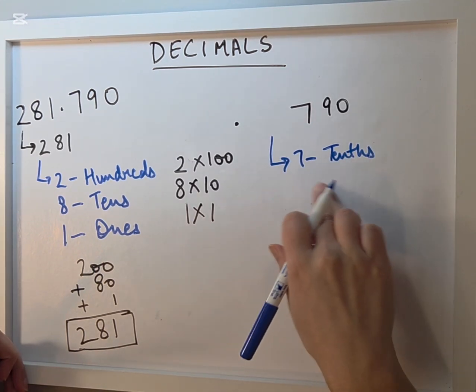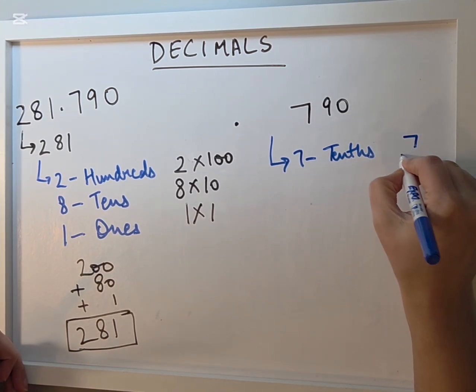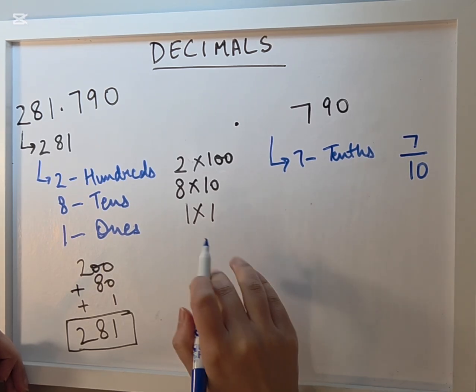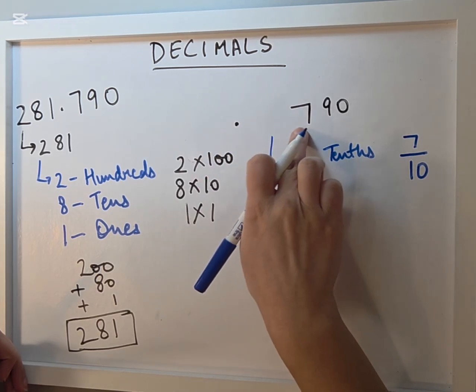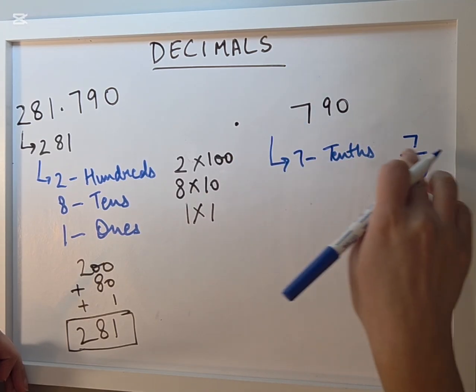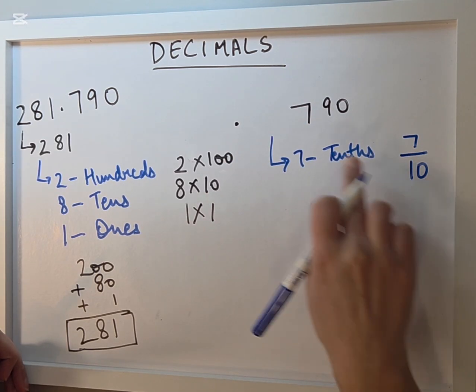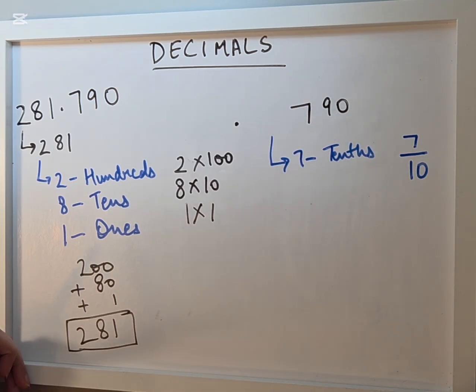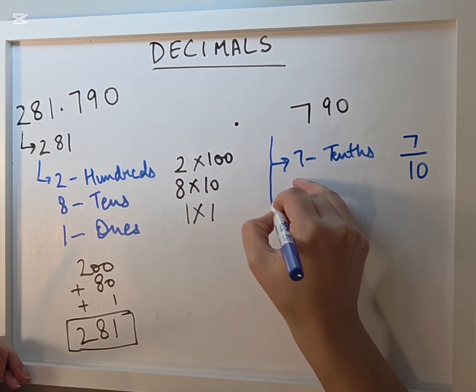What does this mean? It is going to be represented as 7 by 10. So after the decimal, the first position can have its value represented as 7 by 10, and as we move towards the right of the decimal, the value of the number decreases.